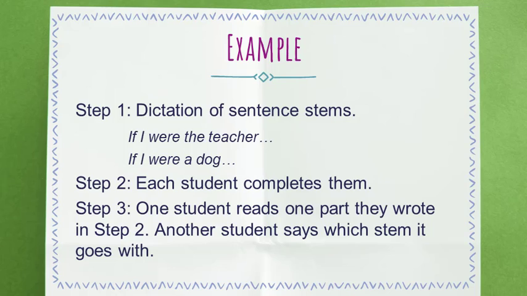And in step 3, one student reads the second part they wrote, and another student says which stem that part goes with. And step 3 could be transformed into even more dictation by having that student write down that part next to the sentence stem that they think it goes with.